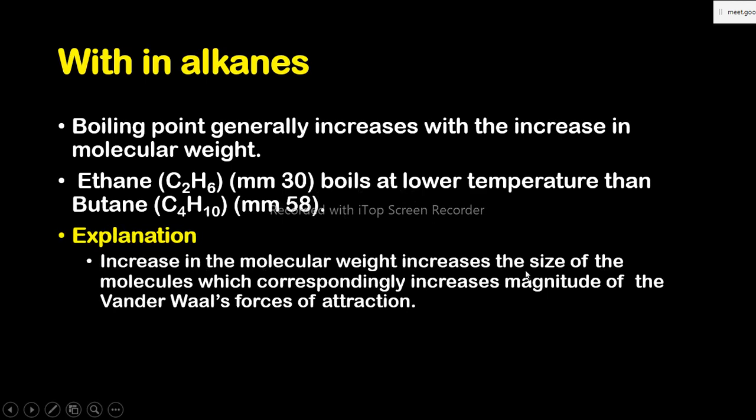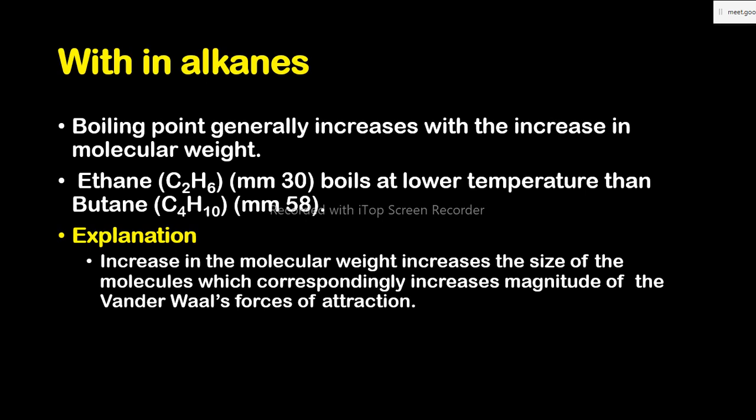So increase in molecular weight increases the sizes of molecules, which correspondingly increases the magnitude of the van der Waals forces of attraction. And what does that imply to you? You will require much more heat to break those forces of attraction, and hence a higher melting or boiling point.